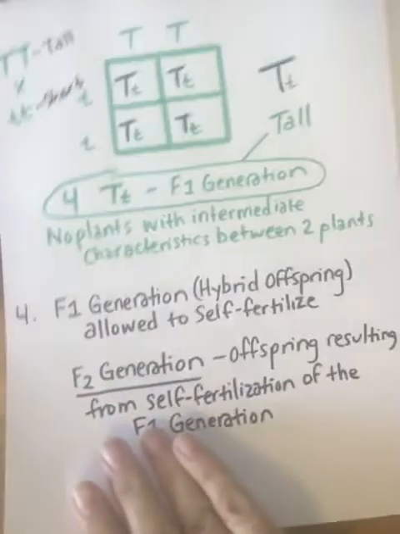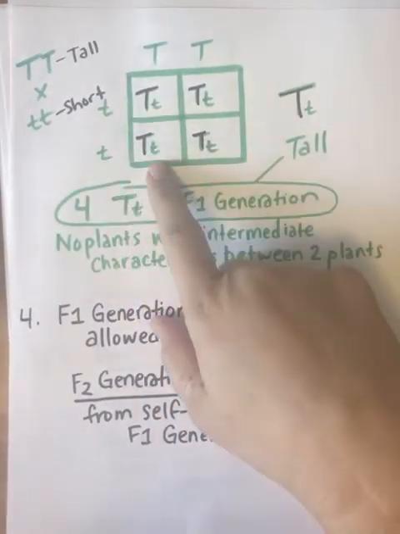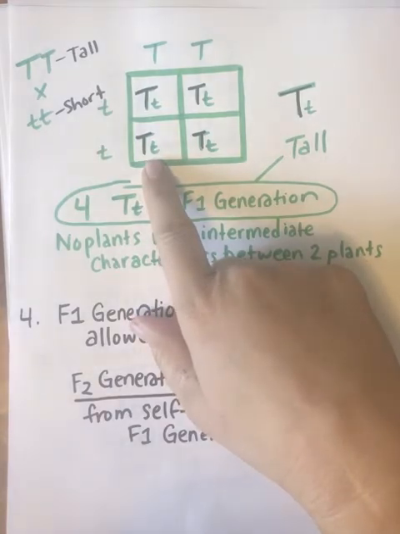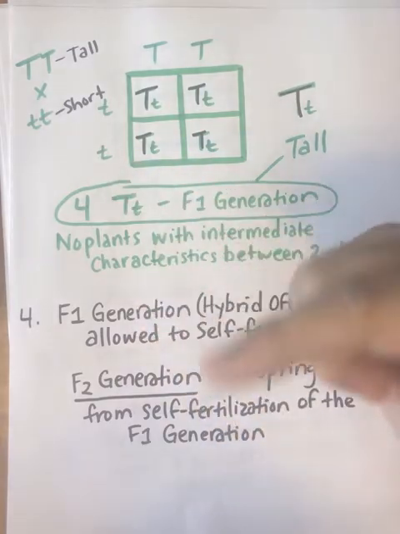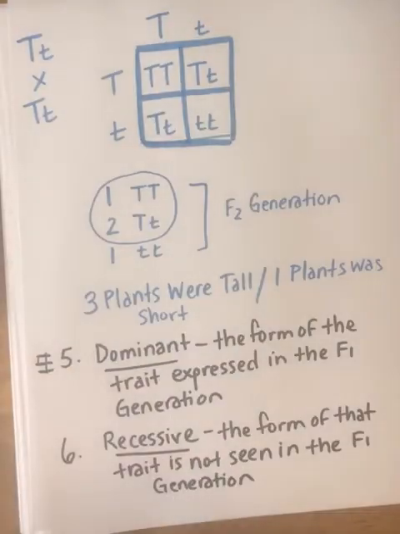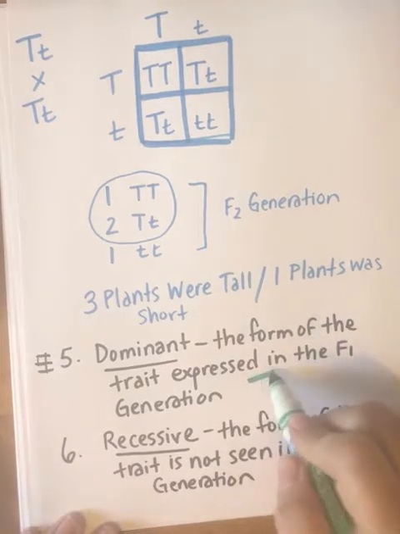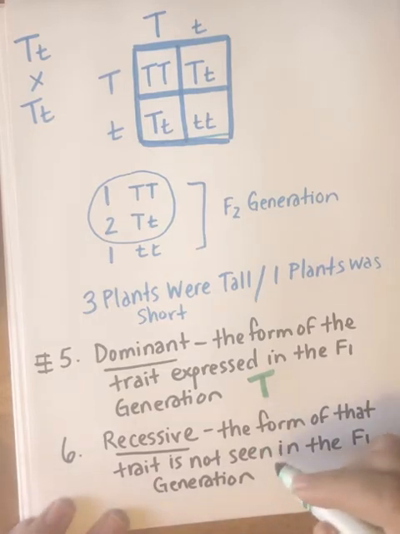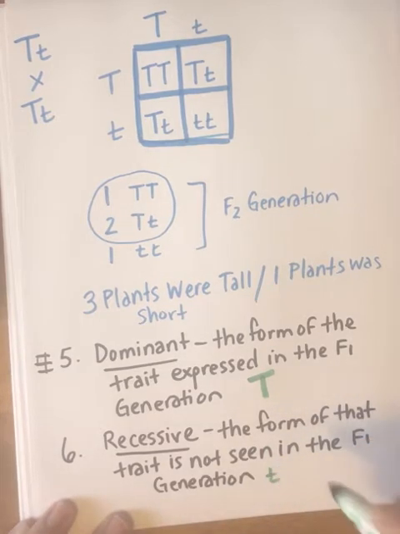The short plant gave its genetic material, so we would consider the little t the recessive form of the trait. Anytime we say dominant and recessive, we use big letters for dominance and little letters for recessive. So in the F1 generation, the dominant form of the trait was a big T. That's what's expressed. The recessive form is a little t.